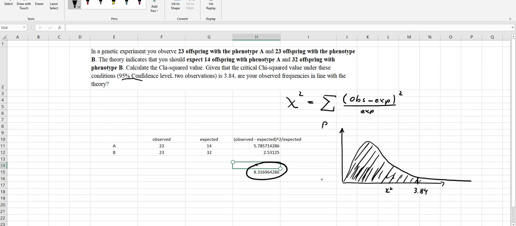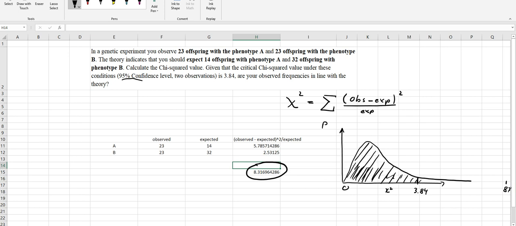We now need to find out whether our calculated chi-square value of 8.31 is in this range from 0 to 3.84. And we see that it is probably somewhere here. That's our 8.31.